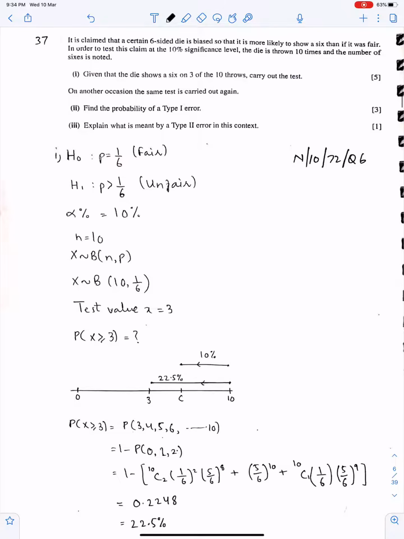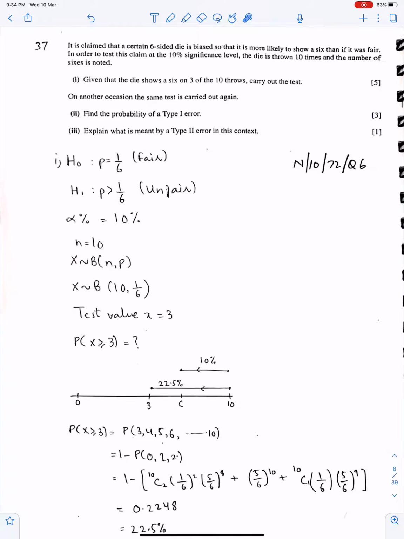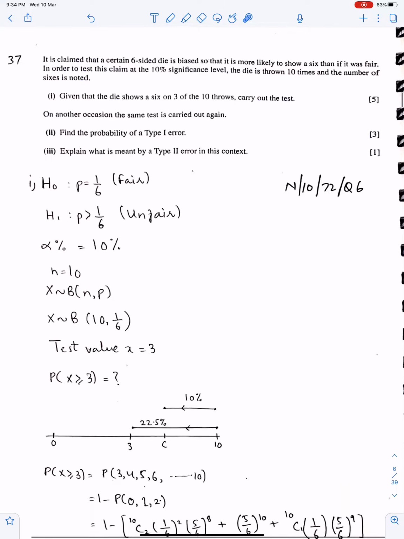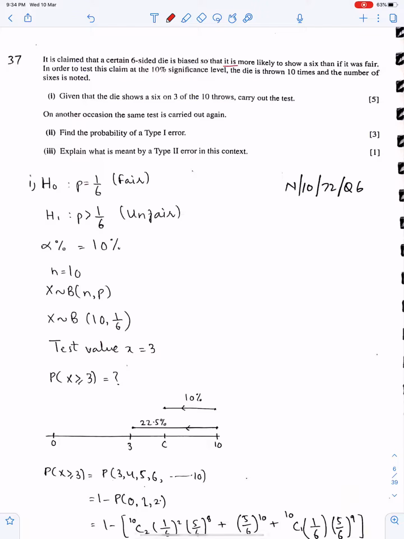Again, we have a binomial situation. Now, in this question, it is claimed that a certain six-sided die is biased so that it is more likely to show a number 6 than if it was fair.